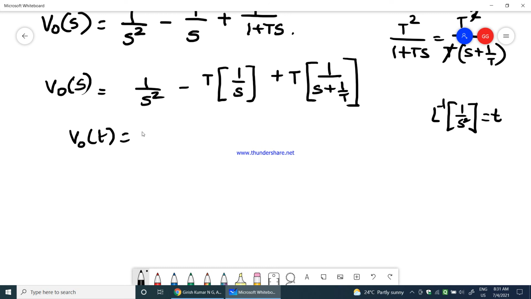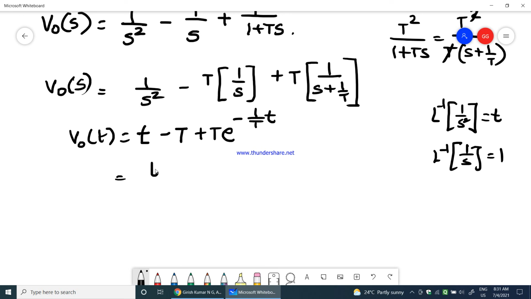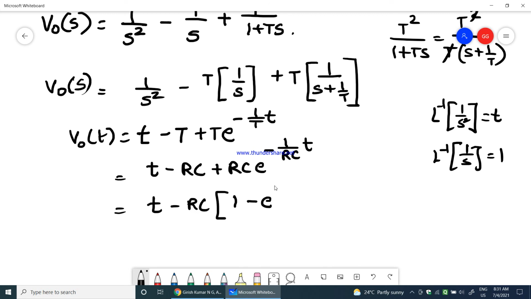Therefore it is t minus t into 1, because the Laplace inverse of 1 over s is 1, plus t into e power minus 1 over t into t. Now we substitute for t, which is t minus rc plus rc into e power minus 1 by rc t. Now if I take t minus rc common, I will get 1 minus e power minus 1 by rc t.